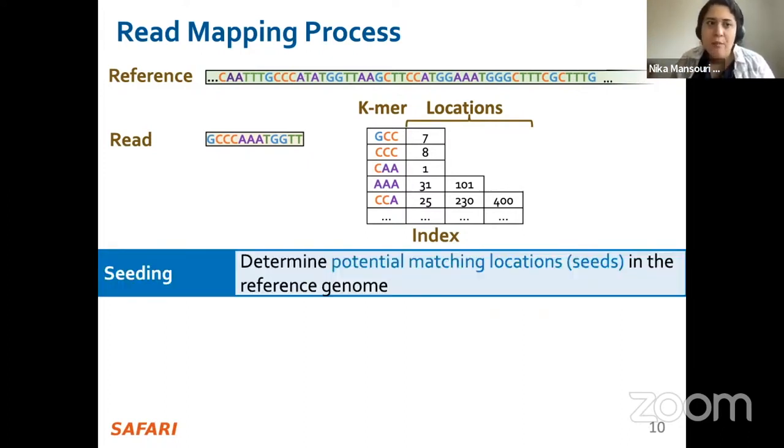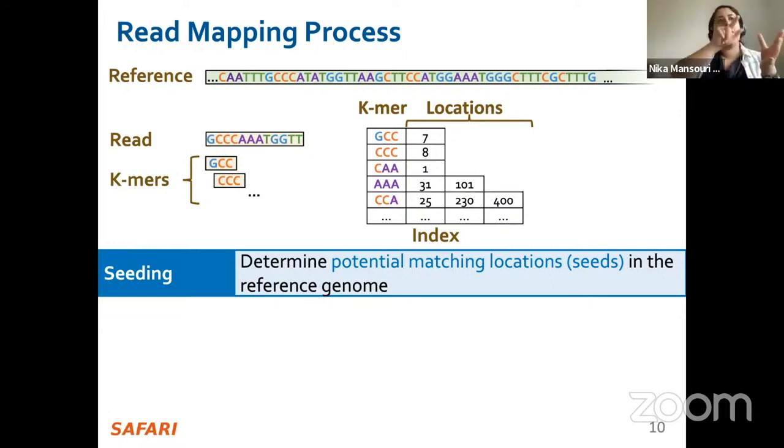In the first step, which is called seeding, we want to determine some potential locations in the reference genome, called seeds, that the reads might potentially align to. So instead of going through those 3 billion locations and checking one by one, we want to already find some candidates. So how do we do that? We extract some K-mers, these K-length subsequences that we talked about.